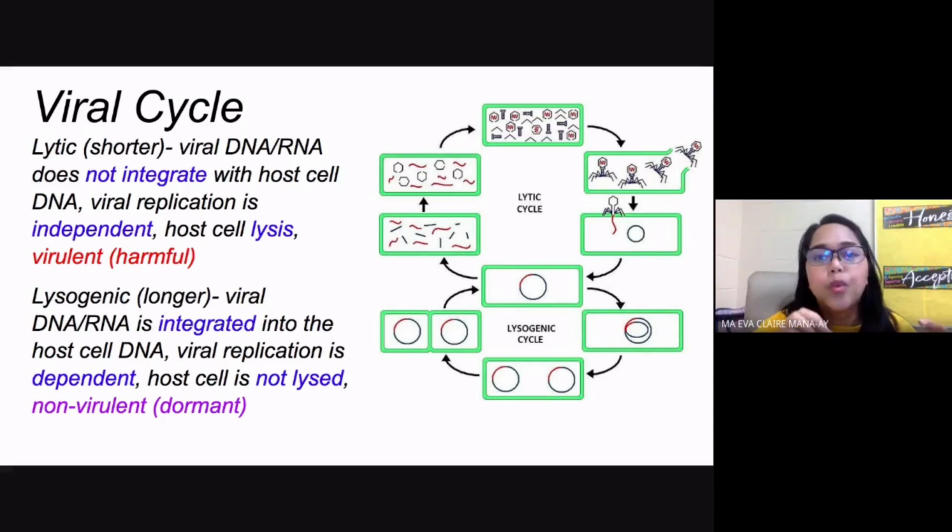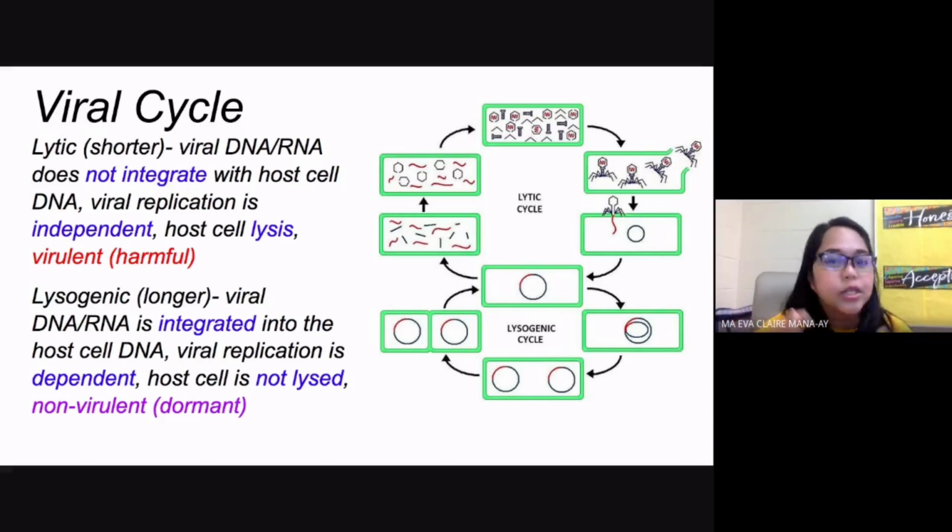Which actually means that your virus is trying to make copies of itself independently, not using the host cell's DNA. It's making copies of itself, but it's not fused with the DNA of the host cell. And so because of this, we say it does not really need the host cell at that point.